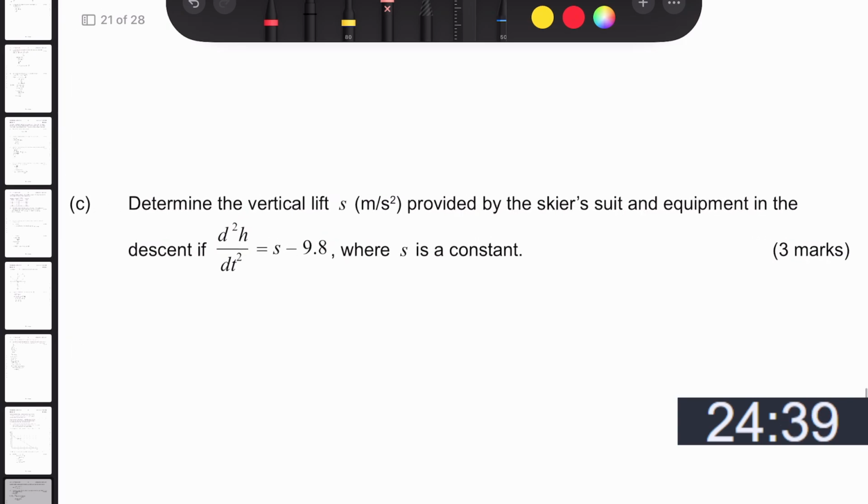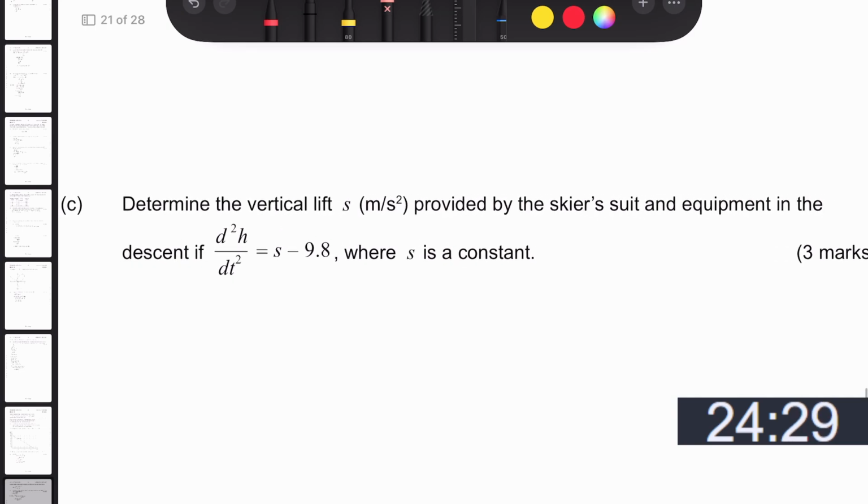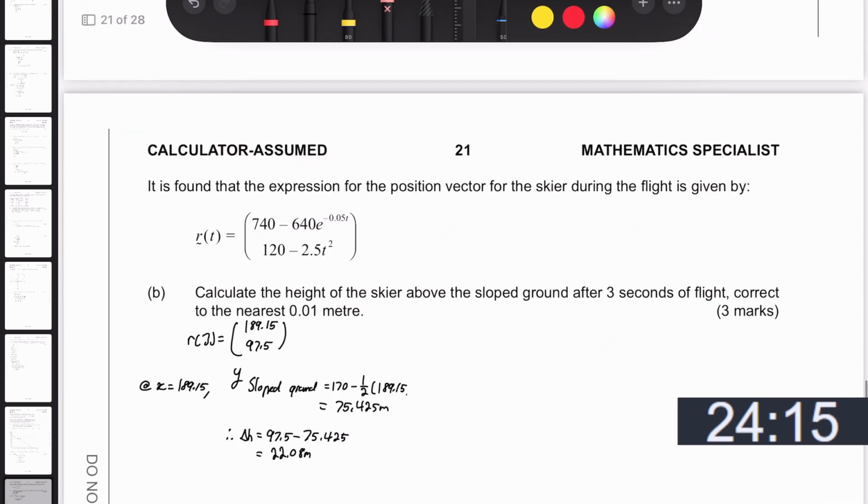Okay, determine the vertical lift provided by the ski suit equipment, if d squared h over dt squared is a constant.